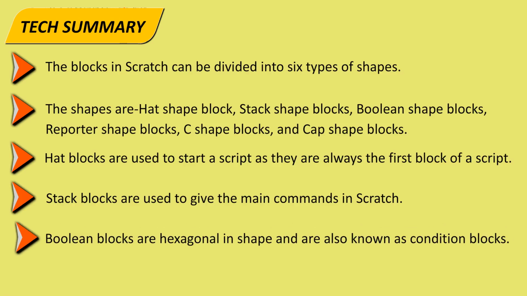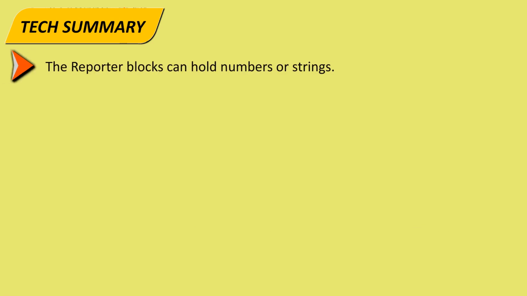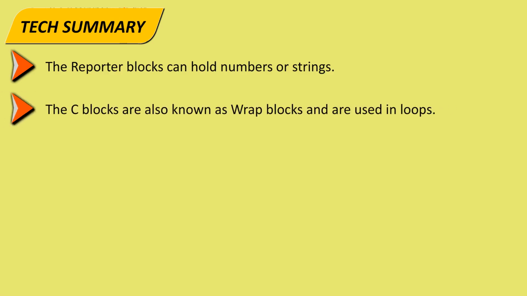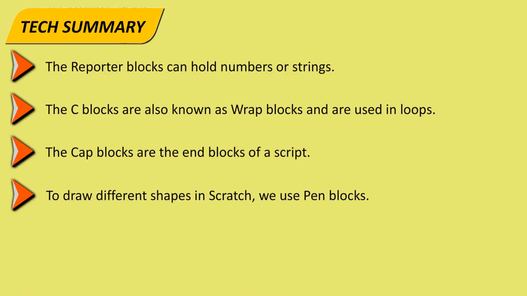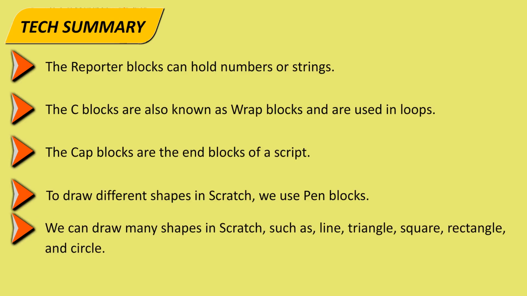Boolean blocks are hexagonal in shape and are also known as condition blocks. The reporter blocks can hold numbers or strings. The C blocks are also known as wrap blocks and are used in loops. The cap blocks are the end blocks of a script. To draw different shapes in Scratch, we use pen blocks. We can draw many shapes in Scratch, such as line, triangle, square, rectangle, and circle.